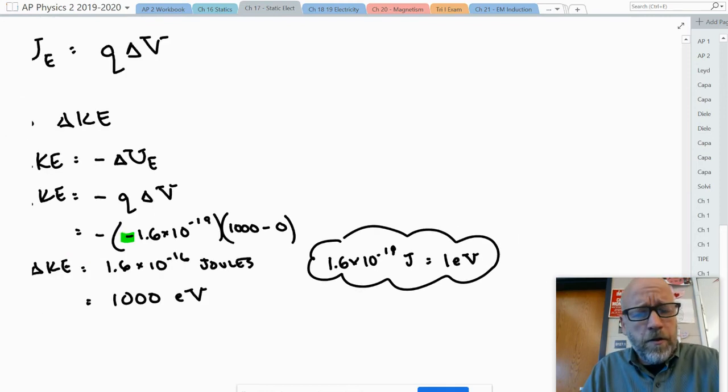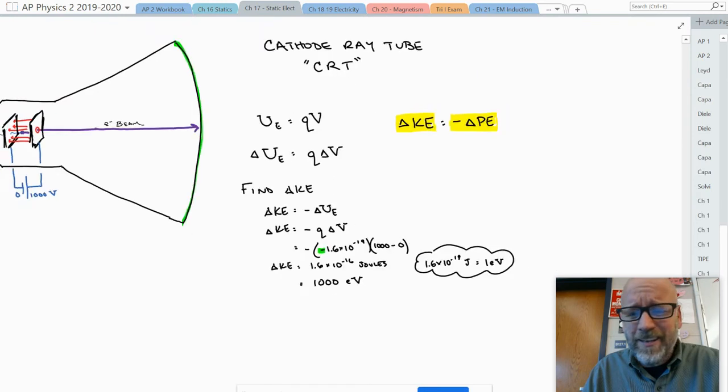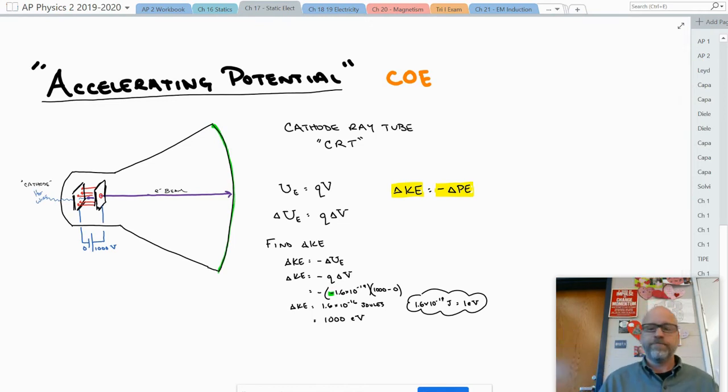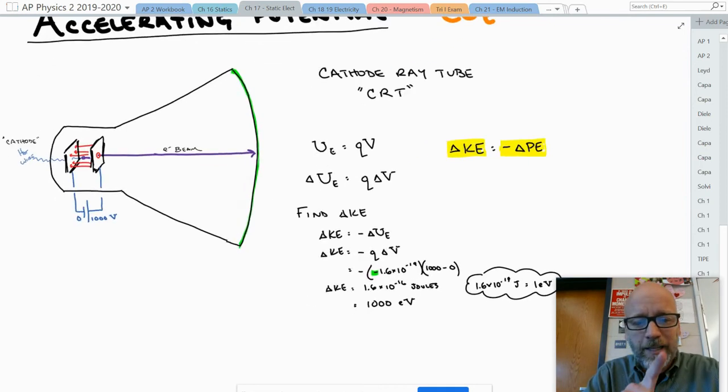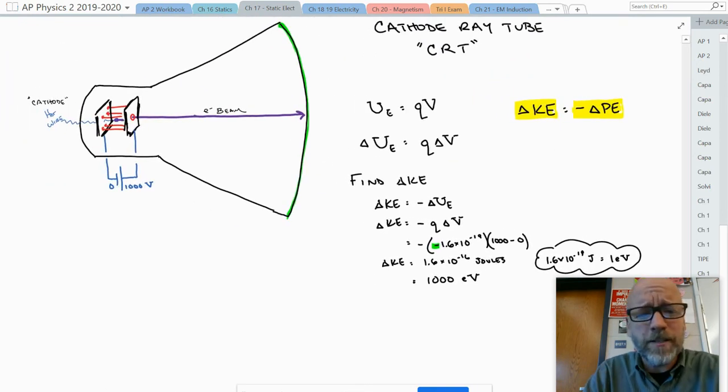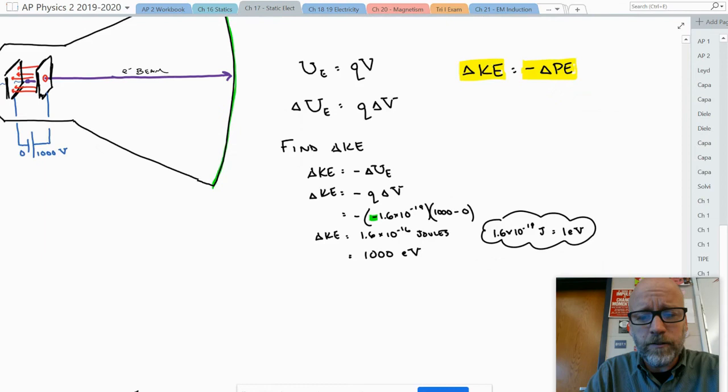So we had a problem titled accelerating voltage or accelerating potential, and we did not use acceleration at all. Physics. What are you going to do? It's just the way it is. I'm going to do one last step here, which would be, what is the velocity of the electrons in that beam?